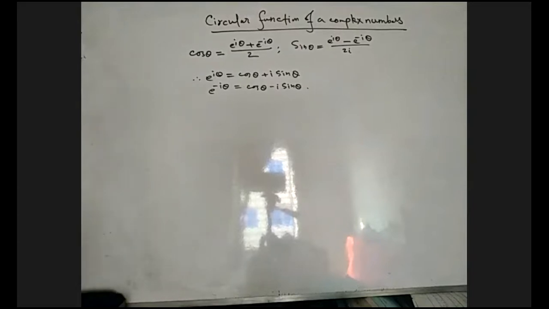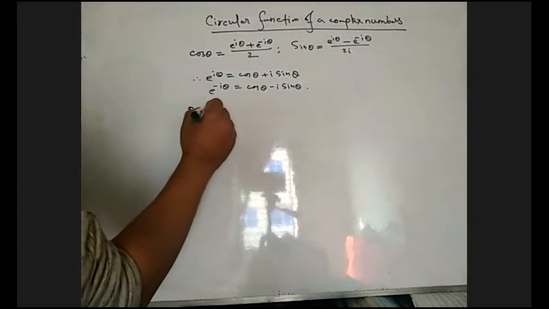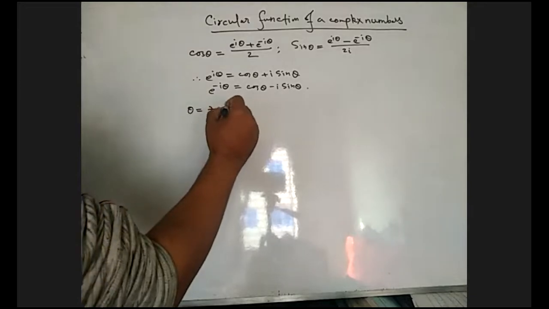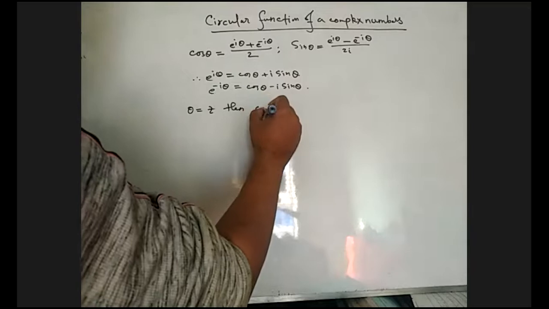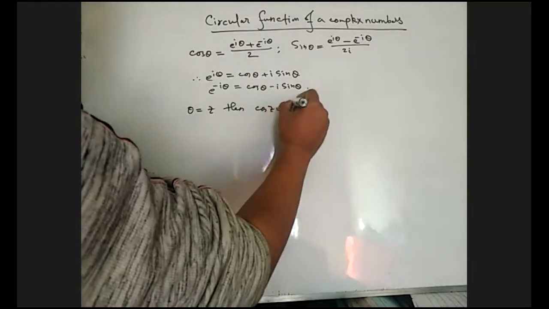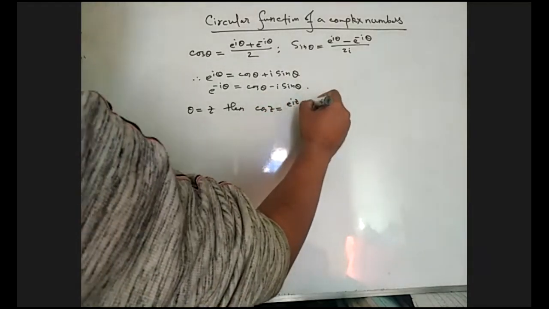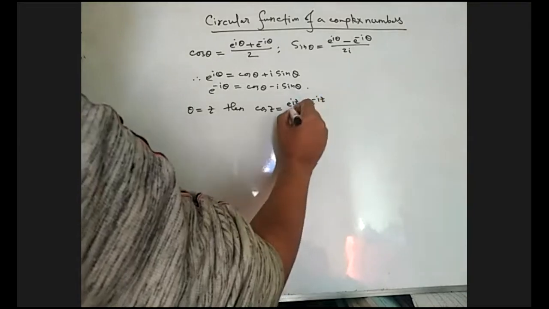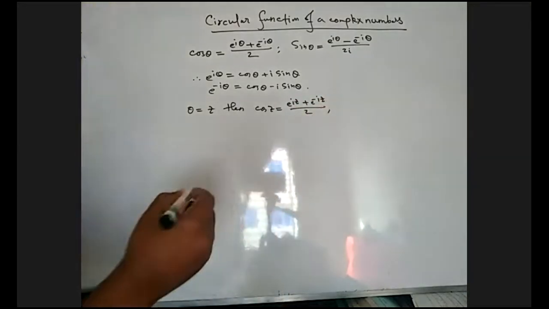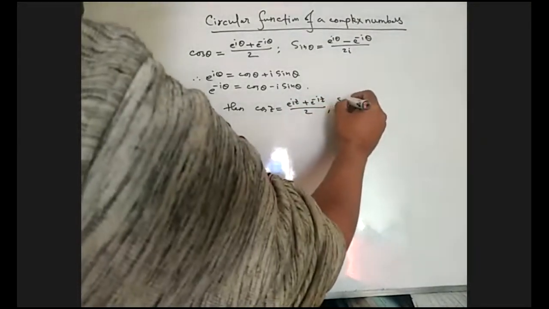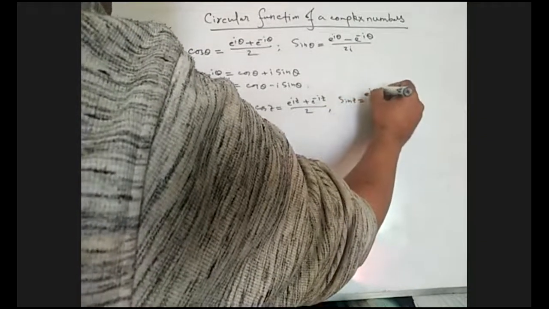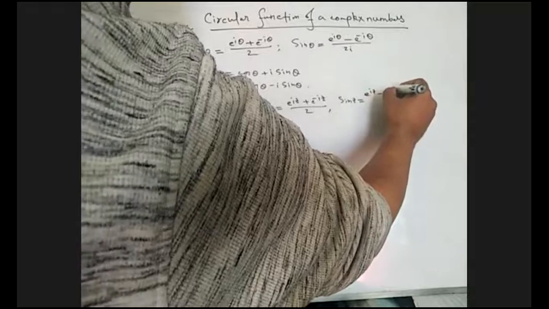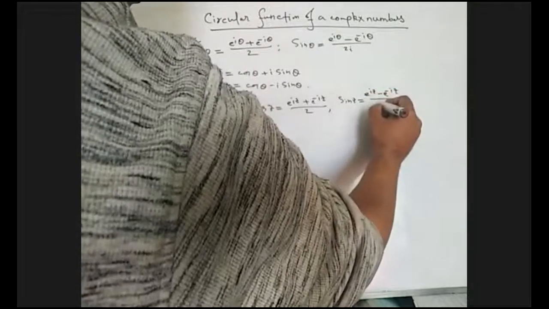Now, if we take theta equals z, then it becomes cos z equals what will be? Cos z equals e to the power iz plus e to the power minus iz divided by 2. And sin z equals e to the power iz minus e to the power minus iz divided by twice i.